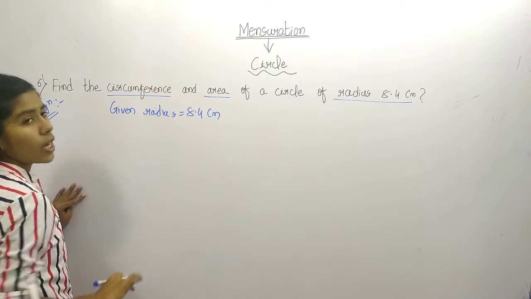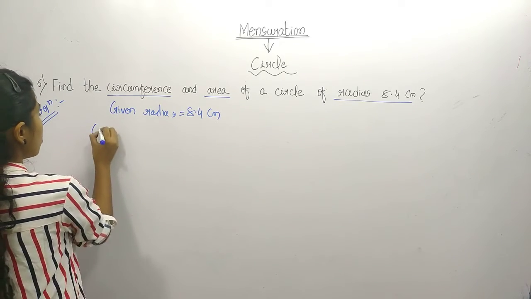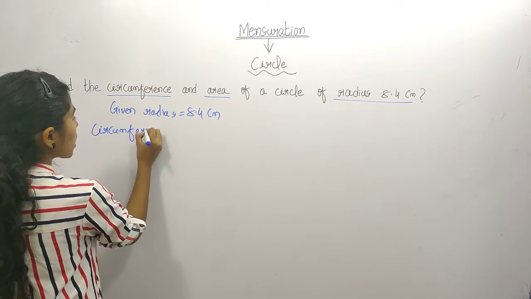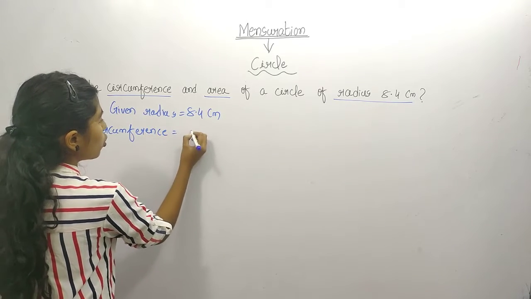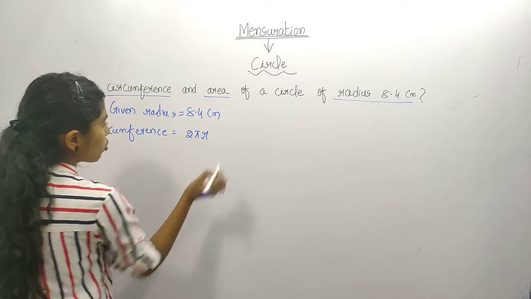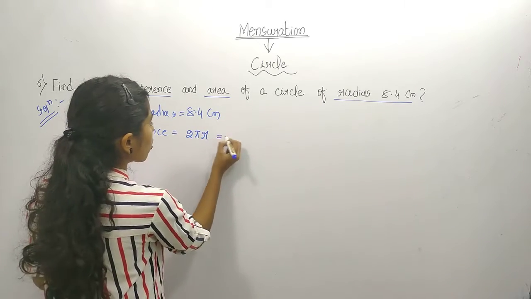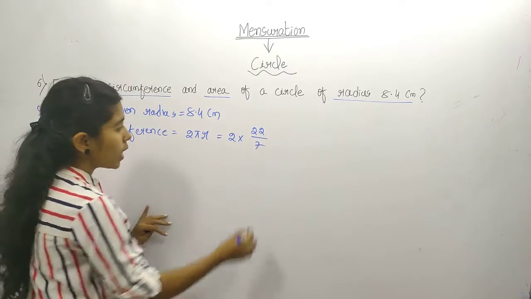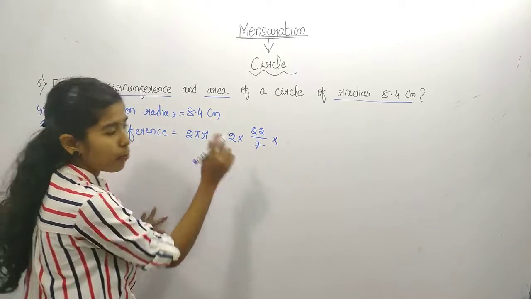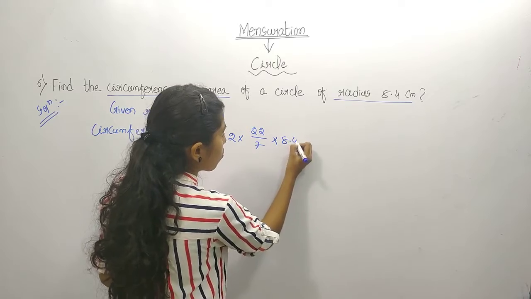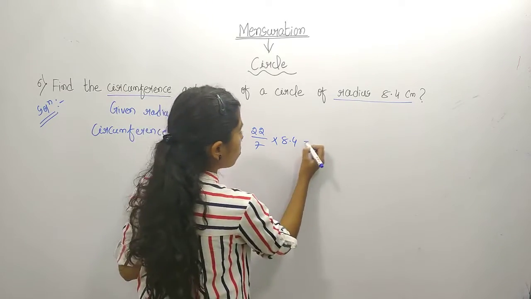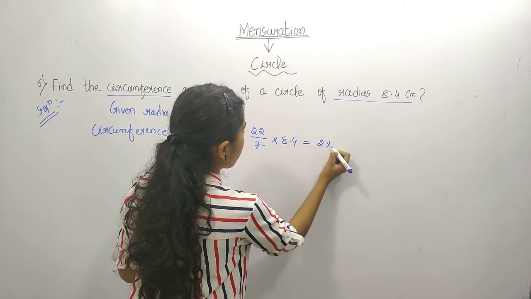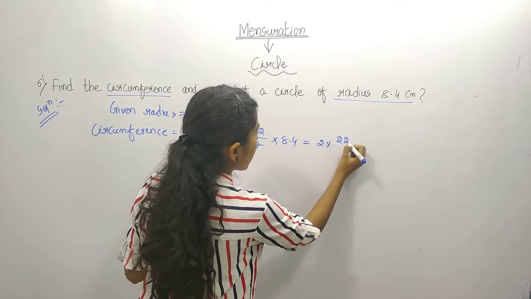So first of all, let's see the circumference. Circumference formula of a circle is circumference equals 2 into pi into r. This equals 2 into 22 divided by 7 into radius 8.4.